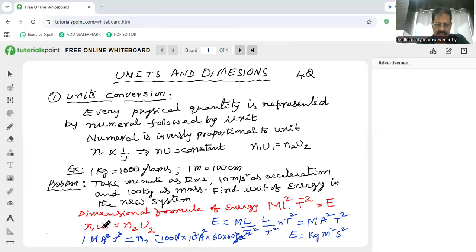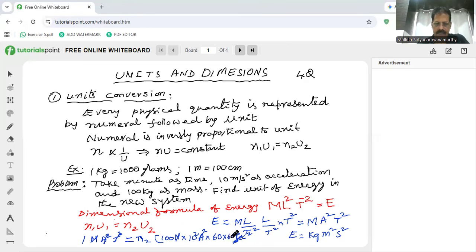Time is second here, but they have given minute, and in the formula there is a time square. Generally, the original energy is kg meter square second square. Now in the new unit, 100 is the mass, 10 is the acceleration unit, and time is minute.